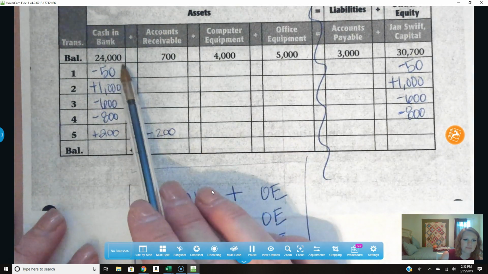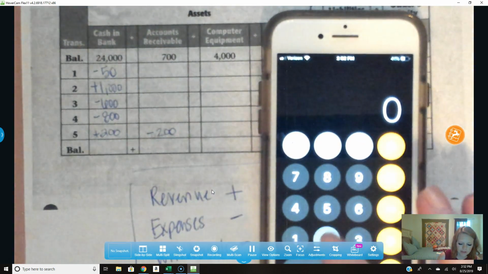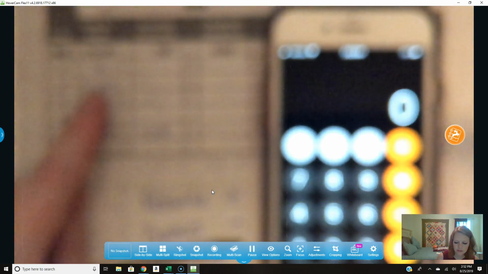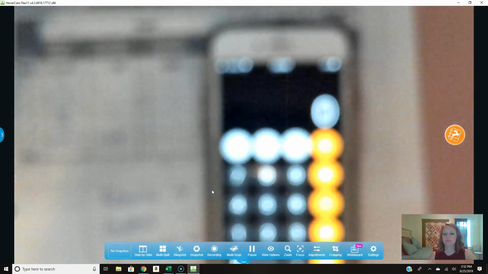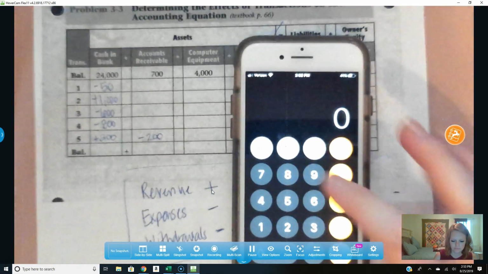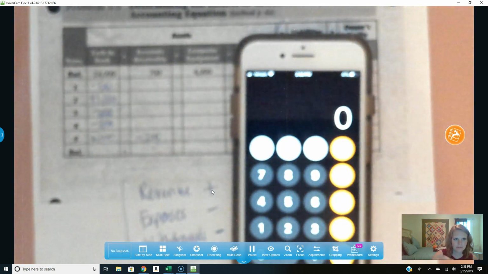Don't forget to go off the beginning balance here. So I'm going to pull my calculator up again. So we've got 24,000 minus 50. I don't think it likes my calculator. I'm going to pull it off.